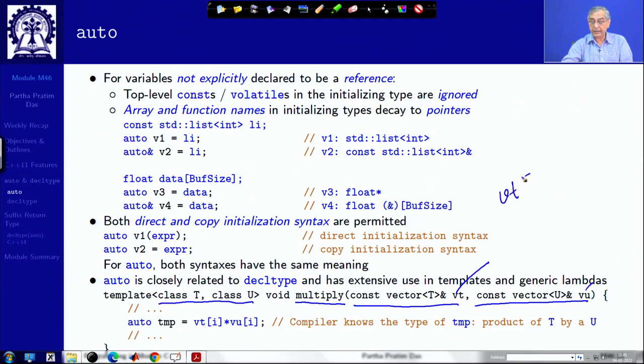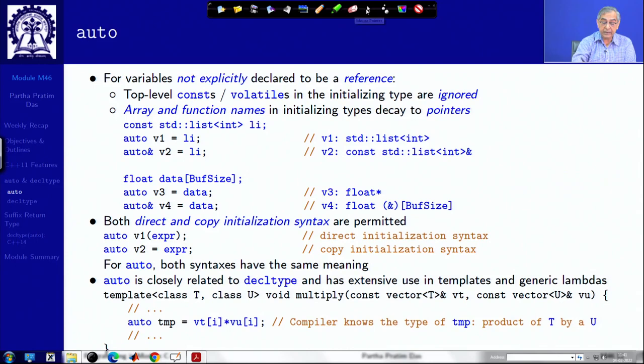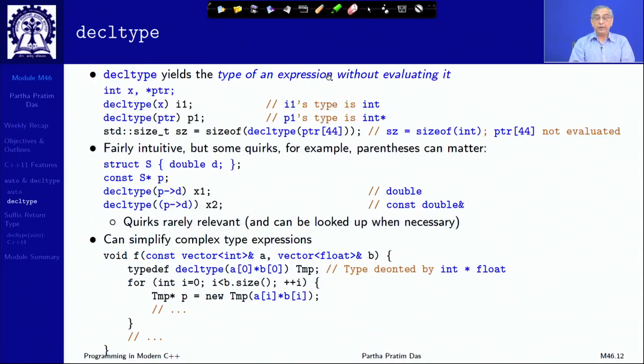An element of vt is vt[i], an element of vu is vu[i], and I am multiplying them as I am doing here. The question is what is the type of this product, right. That depends on the types T and U, and the question is how do you express that. This use of auto here can be a big convenience, because otherwise you will have to spend a lot of effort to write a type expression which will work for any type T and any type U. So, let us see what you can do. You can use decltype in this context.